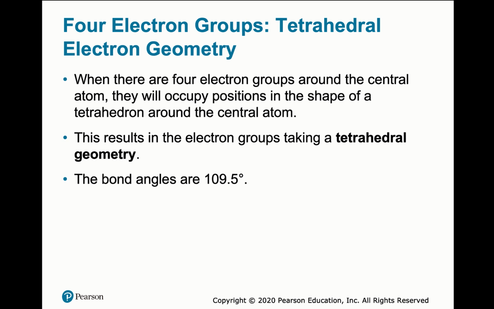So 4 things have tetrahedral geometry, and the tetrahedron is a specific type of solid called a platonic solid. There's only 5 of them: tetrahedron, octahedron, cube, dodecahedron, and icosahedron.